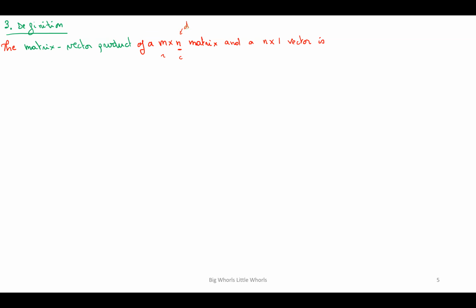Okay, so domain, codomain. Oh, basically, let me not complicate things. So basically, the number of columns of the matrix should be the number of rows of the vector, to be able to multiply a matrix by a vector. So let's continue our definition.